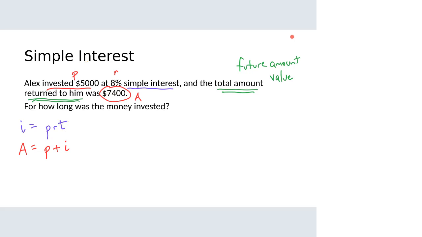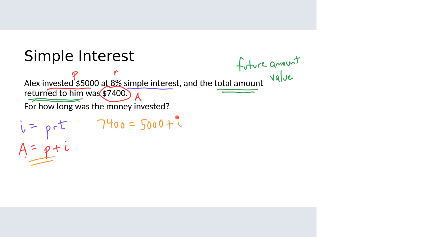So the first thing we're going to do is use A equals P plus I to figure out how much interest Alex earned. A, the future value, is 7,400, and that's going to equal the principal plus the interest.